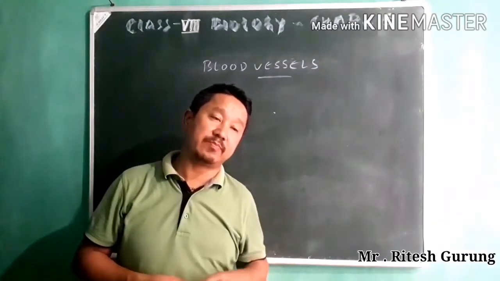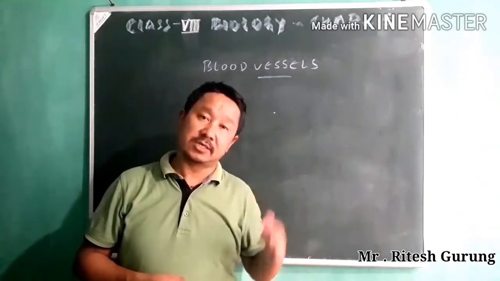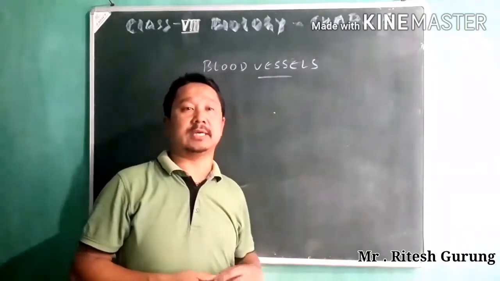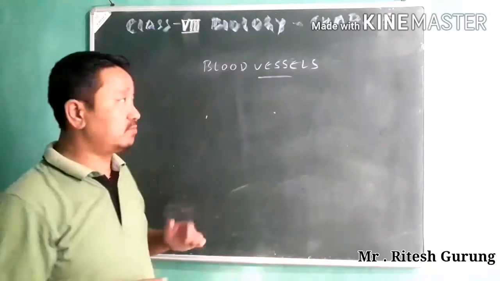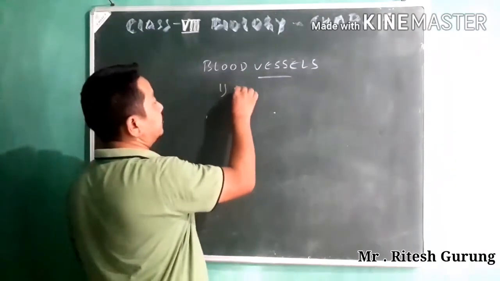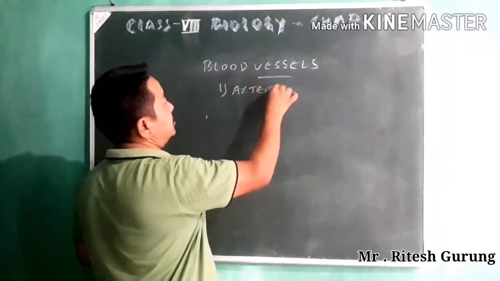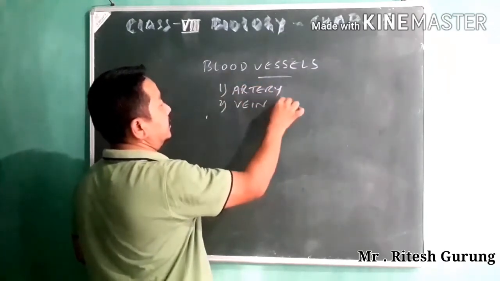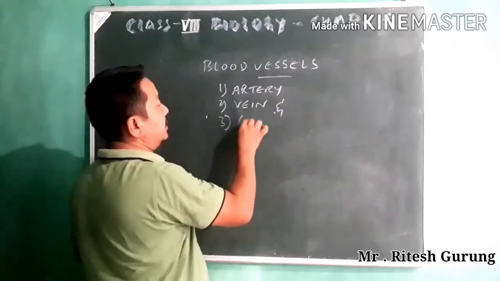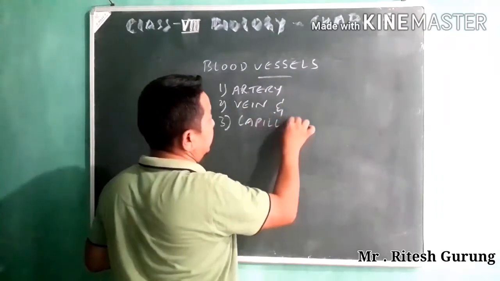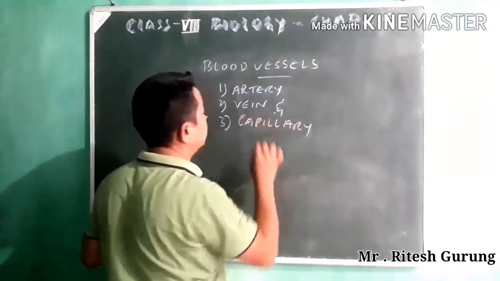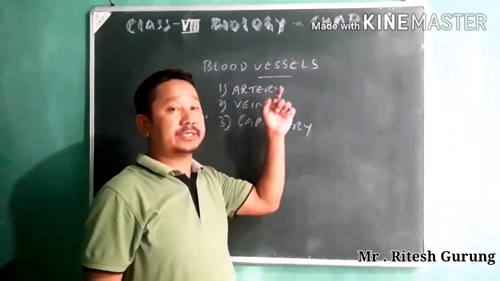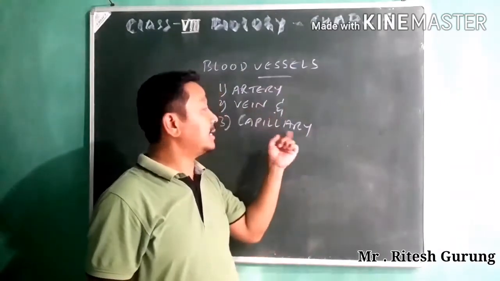Oxygenated blood means pure blood rich in oxygen, and deoxygenated blood means impure blood rich in carbon dioxide. These blood vessels are of three types: artery, vein, and capillary. They are all written in singular form. The plural forms are arteries, veins, and capillaries.